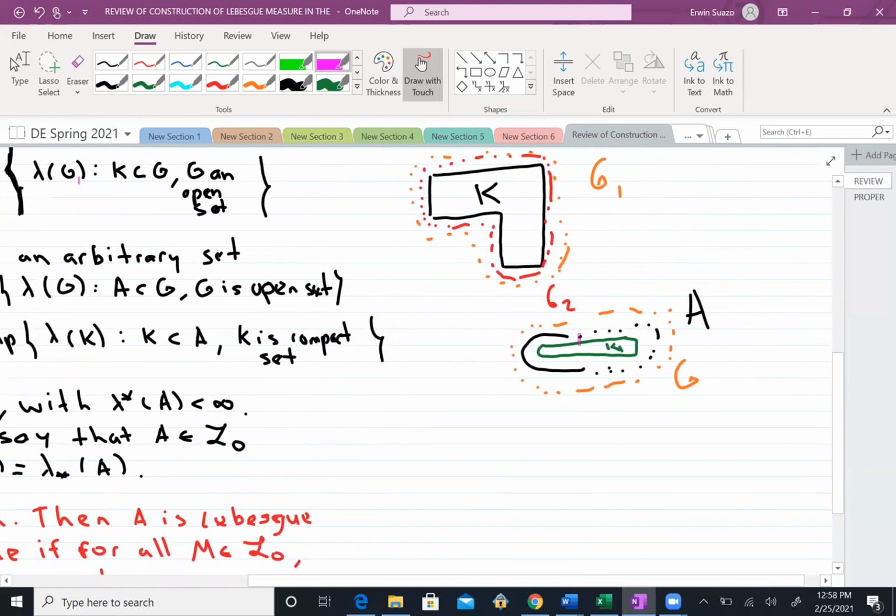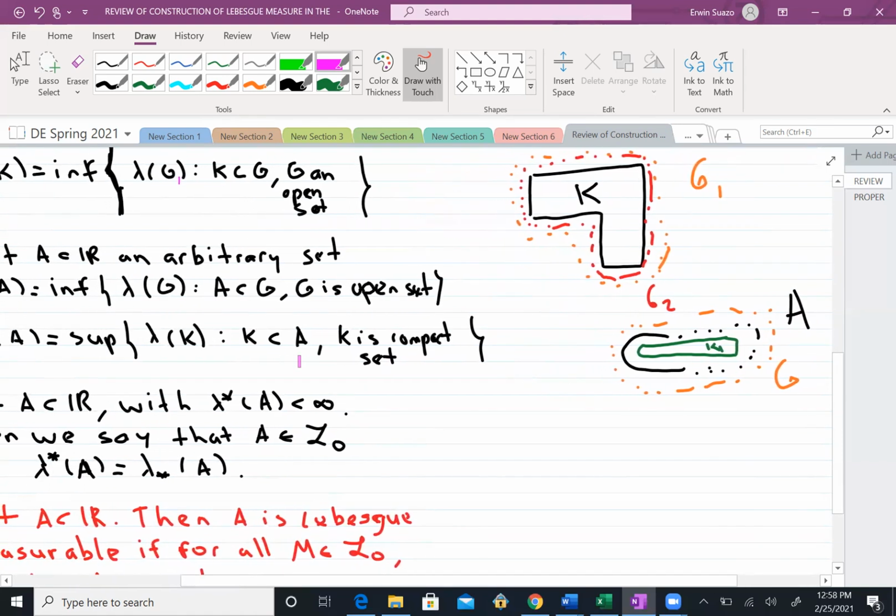My A is closed here and open there, so it's not open, it's not closed, it's not compact. It's easier in R2 to give an example of what is a compact set or not. You see, A is not compact because it's not closed and bounded.